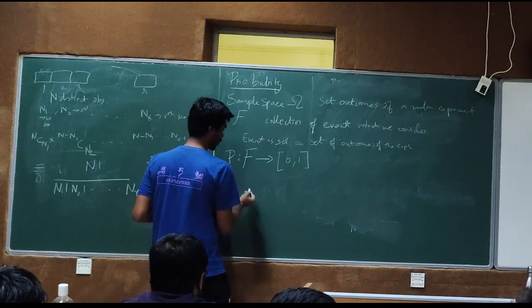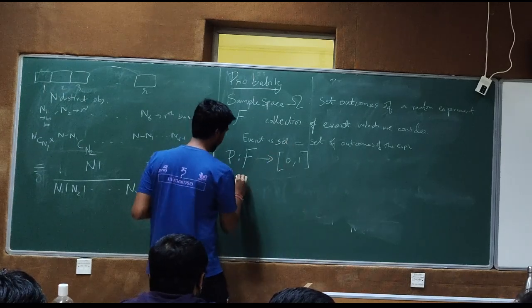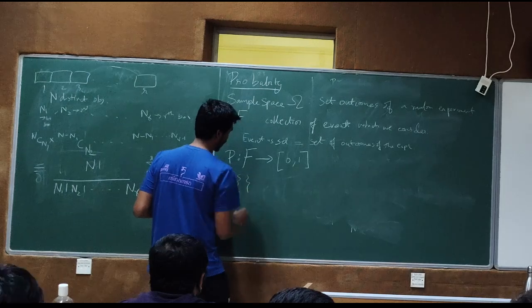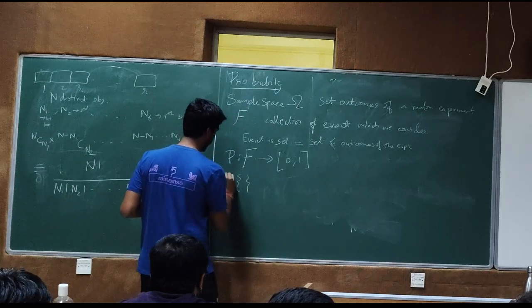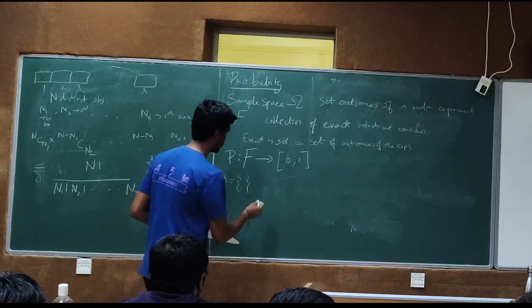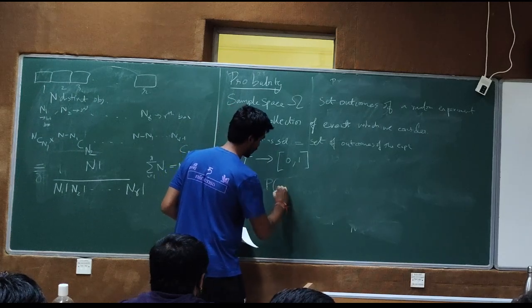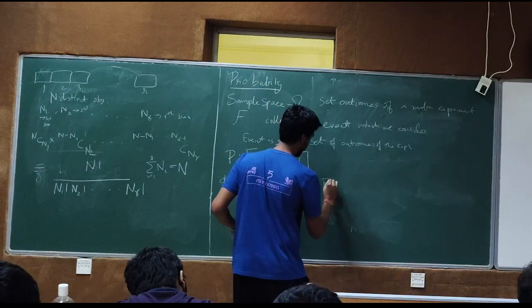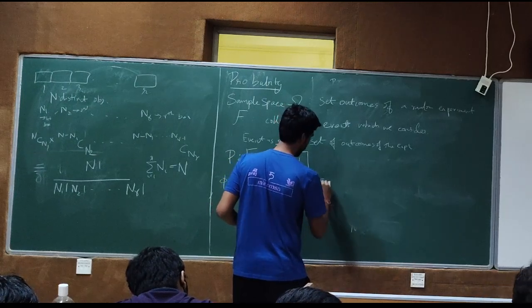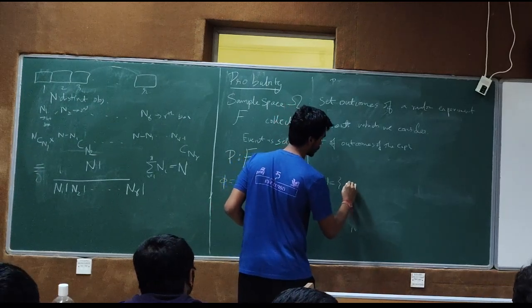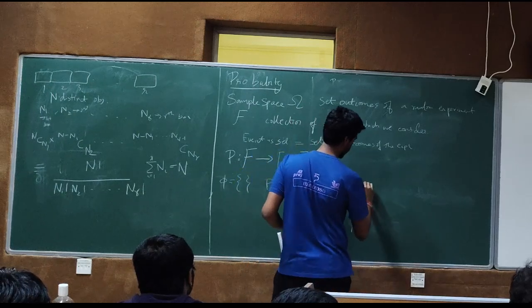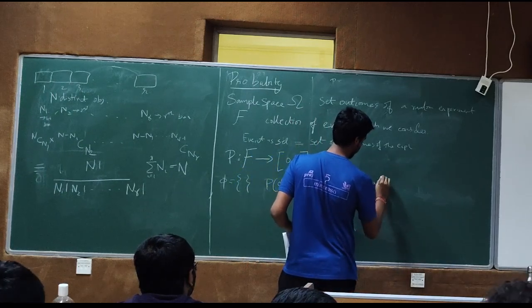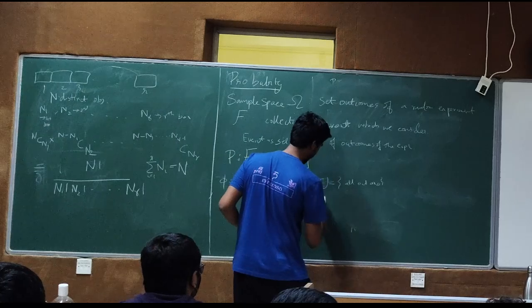And you can have an event without any outcome, which contains no outcome, and the probability of that event is 0. And you can have an event with all outcomes, and the probability of that event is 1.